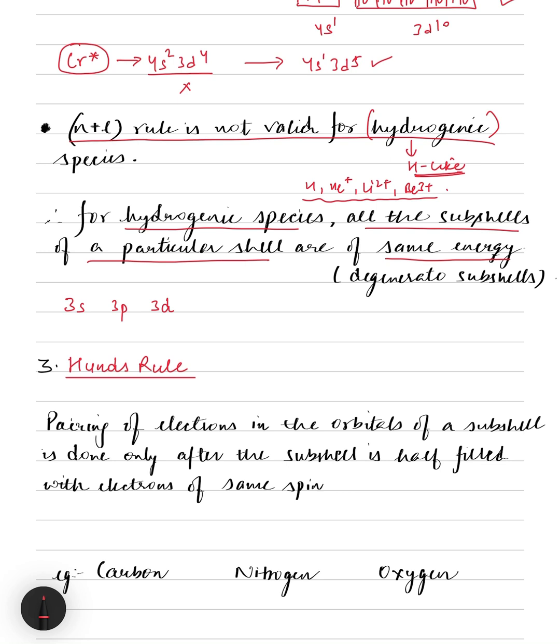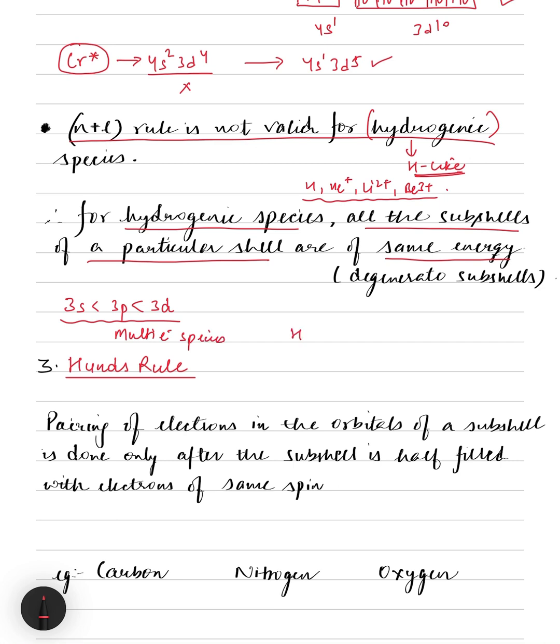If the species is multi-electronic, having more than one electron, in that case the n plus l rule is followed, and we know the energy order will be 3s less than 3p, then 3d. This is the order in the case of multi-electron species.